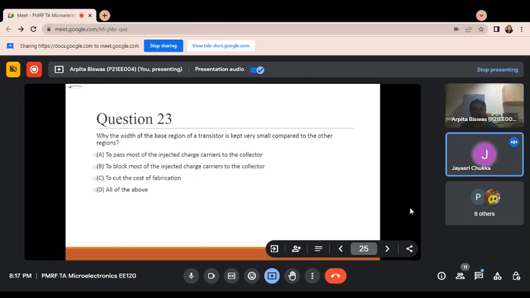If the base width is larger or greater than the emitter, then what happens in that case? Yes, Jayasri, what is the answer? If the base width is small, then recombination takes place.